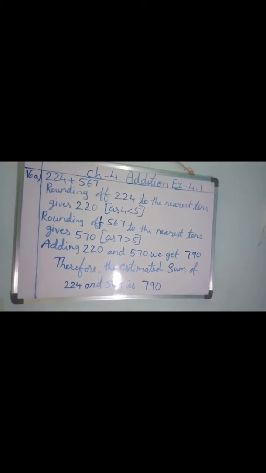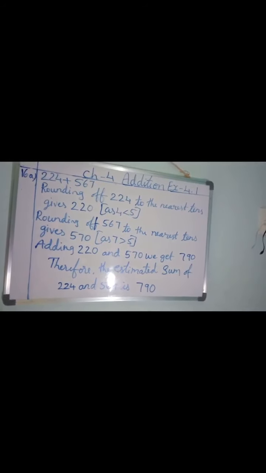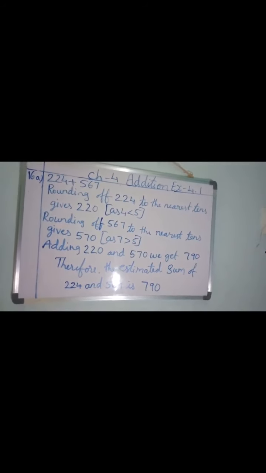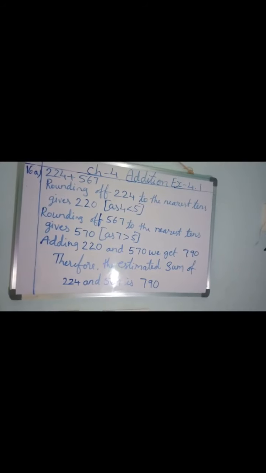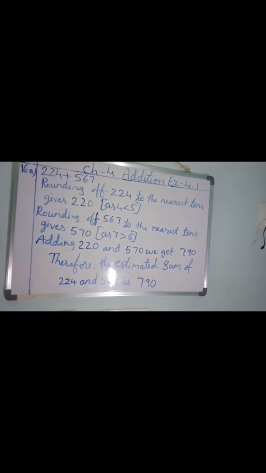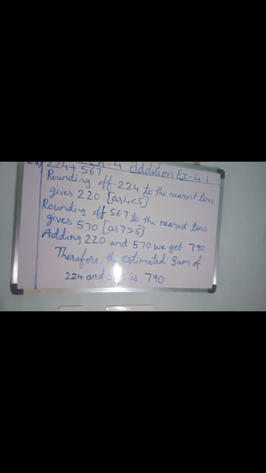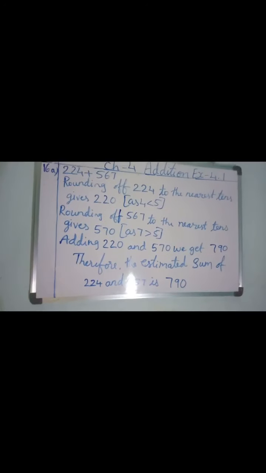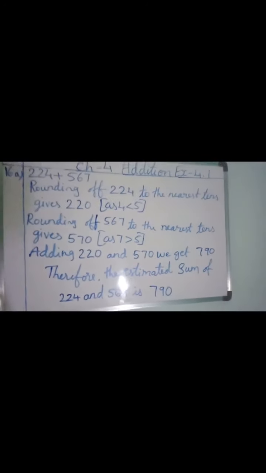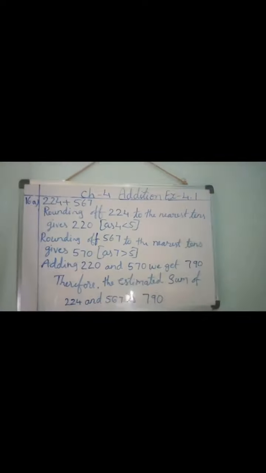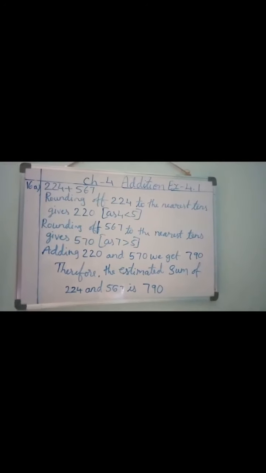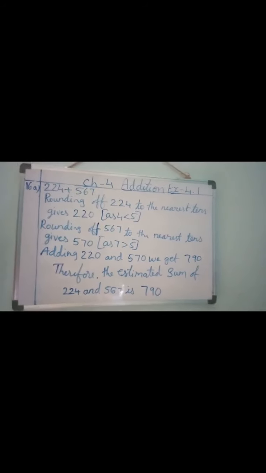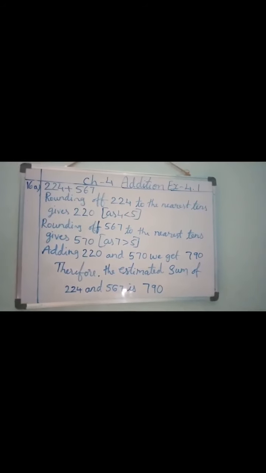Yes. Adding 220 and 570, we get 790. Therefore, the estimate sum of 224 and 567 is 790. Copy. See if your answer is right or wrong, check. Otherwise, you should copy. Okay?